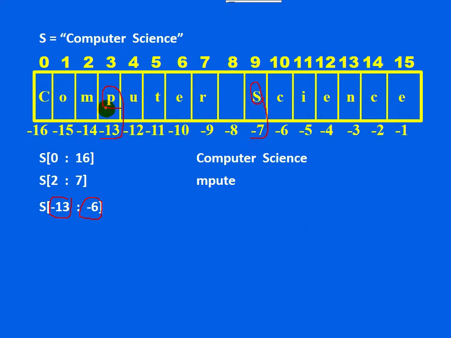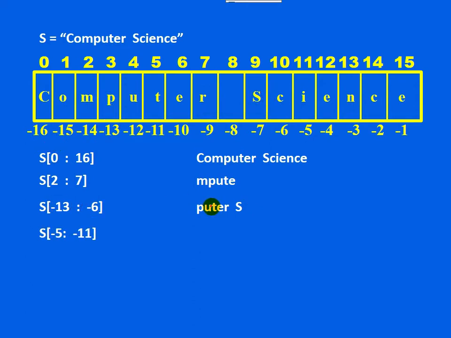So all the characters starting from P to 6, which means this substring is returned as the answer. Certainly it should be inside double quotes. Everywhere it should be inside double quotes. So please understand one thing. Starting with this index, you can only move forward. You cannot move backward. Please understand that.